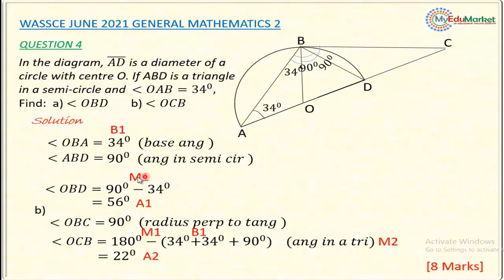This type of question can be answered in different ways, because a lot of theorems will enable you to find whatever angle you are asked to find. These are the theorems that come to my mind, but somebody may attempt it another way, and the answer will still be the same. According to the WAEC marking scheme, it's not exactly this method, which is why you have some blocks of 2 marks instead of M1, M1, and even A2 instead of A1, A1.